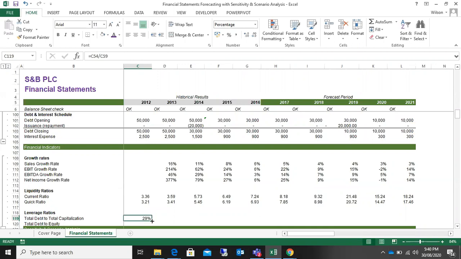Now please don't get that wrong. For total debt to total capitalization, total capitalization is made up of debt and equity, right? So it's going to be this plus, please don't forget, we're still going to add C54. So capitalization is all of your equity plus your debt. Normally the company's capital structure is made up of debt.